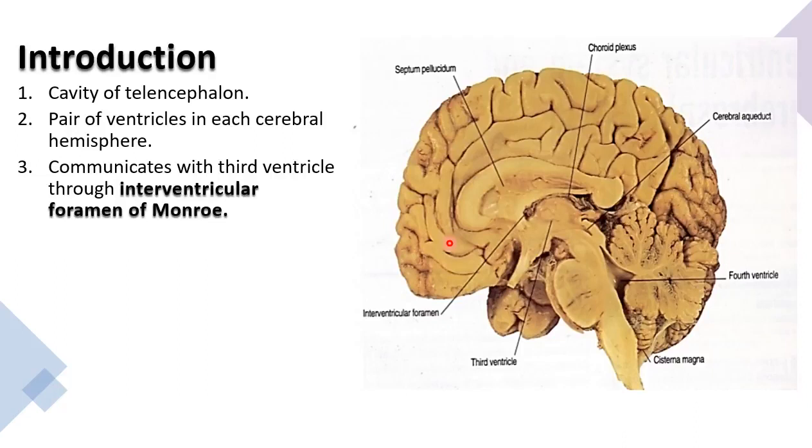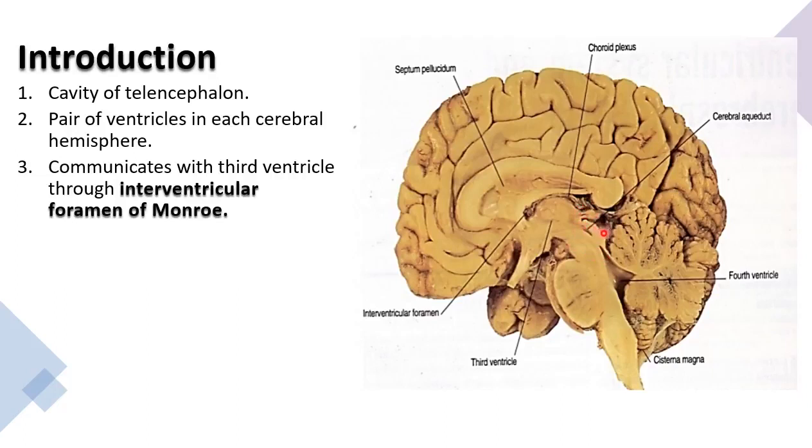Okay, so that is your fornix, and below that you are able to see the thalamus, and the hypothalamus with the hypothalamic sulcus, that is your thalamic adhesion. And this is your pineal gland, the stalk of the pineal gland. You have two peduncles of the pineal gland, which you are able to see here, and that is the midbrain with the cerebral aqueduct traversing.